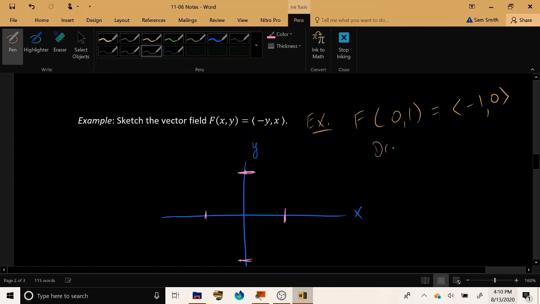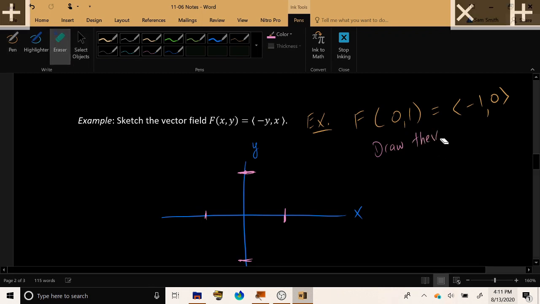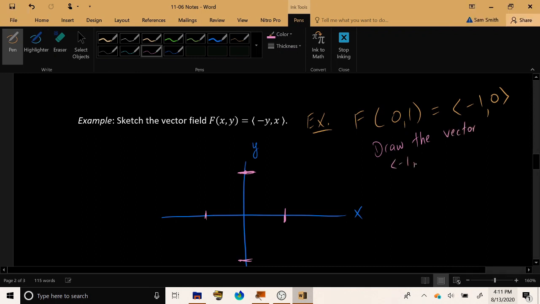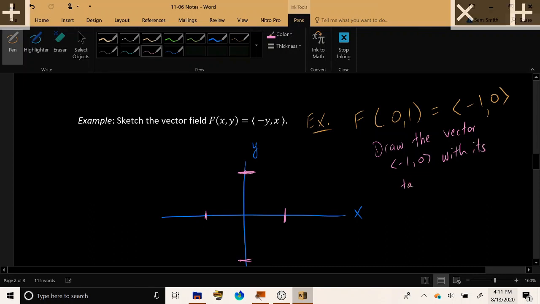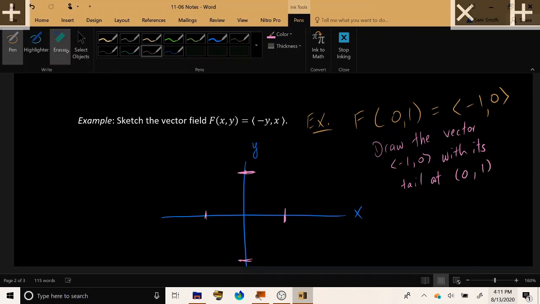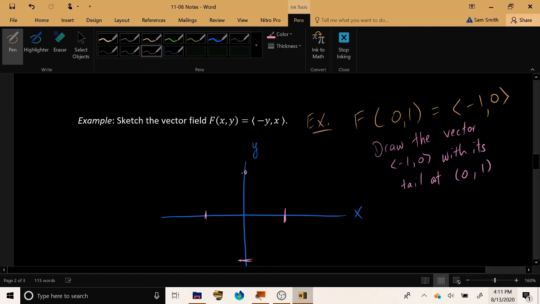So I'm going to draw the vector negative 1, 0 with its tail at the point 0, 1. Here I am at the point 0, 1 on the y-axis, and starting from that location I'm going to draw the vector negative 1, 0, extending 1 unit in the negative x direction.